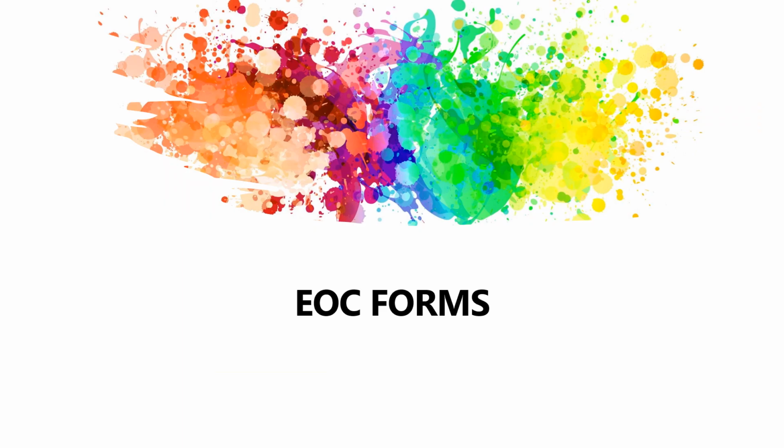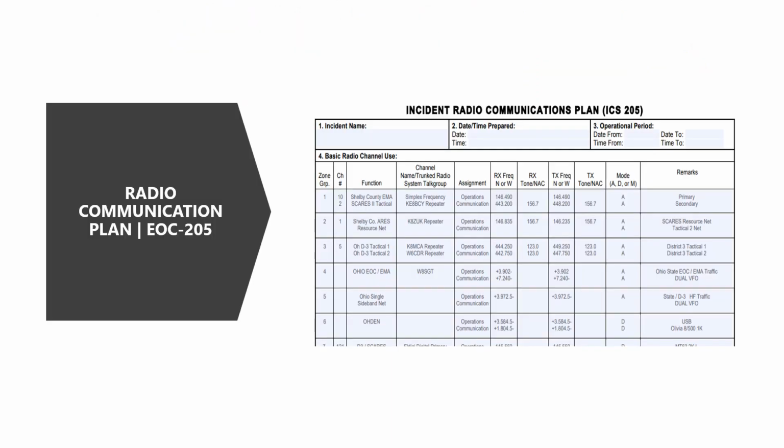Let's quickly go through some EOC forms that the logistics section will be utilizing. The comms IT unit might be asked to assist with creating a 205 form. This is for radio communications.